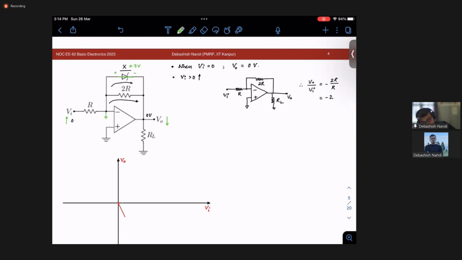So let's say Vi is greater than a certain value, let's call it Vx. My voltage across the diode is more than 0.7 volt, so the diode will be short.